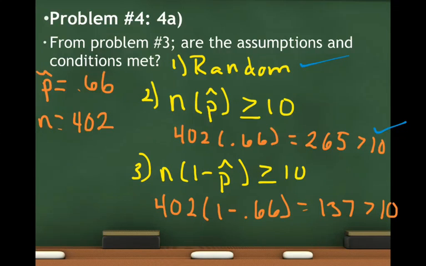That's greater than 10, so that checks out. And so our conditions, our assumptions have been met. We can go on with the problem. We can find the confidence intervals because all the conditions have been met. You want to make sure you check these conditions first thing. Make sure each of them have been checked out.